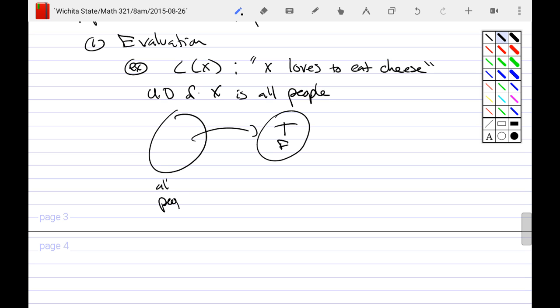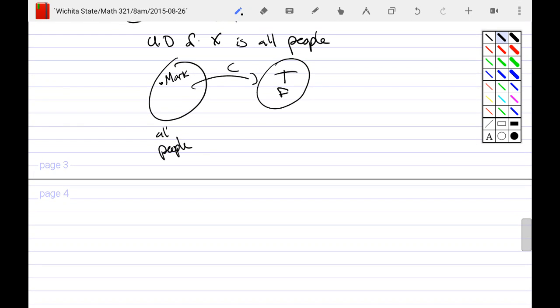C is doing this mapping, and in here is obviously Mark, because I'm a person. What's evaluation? Evaluation is just to simply say, okay, what is C of Mark?